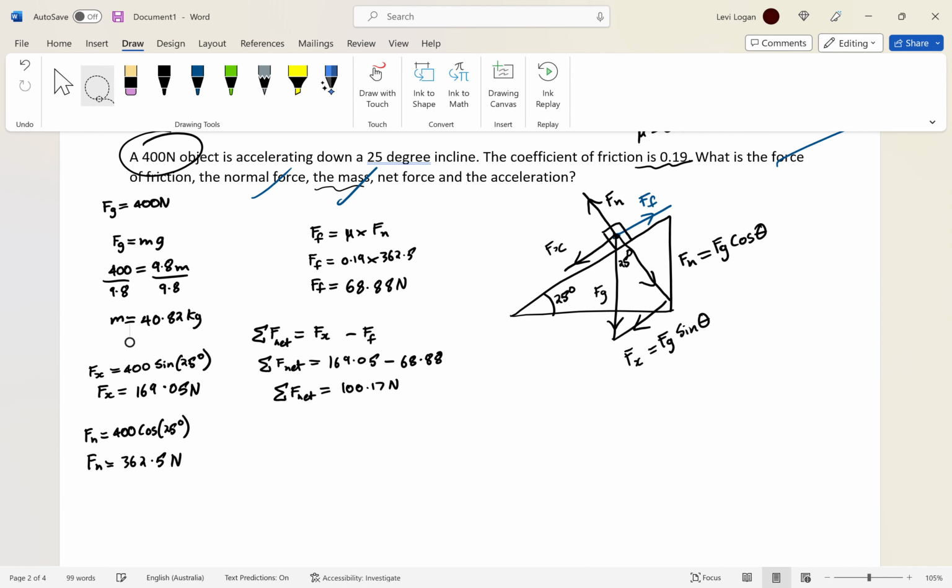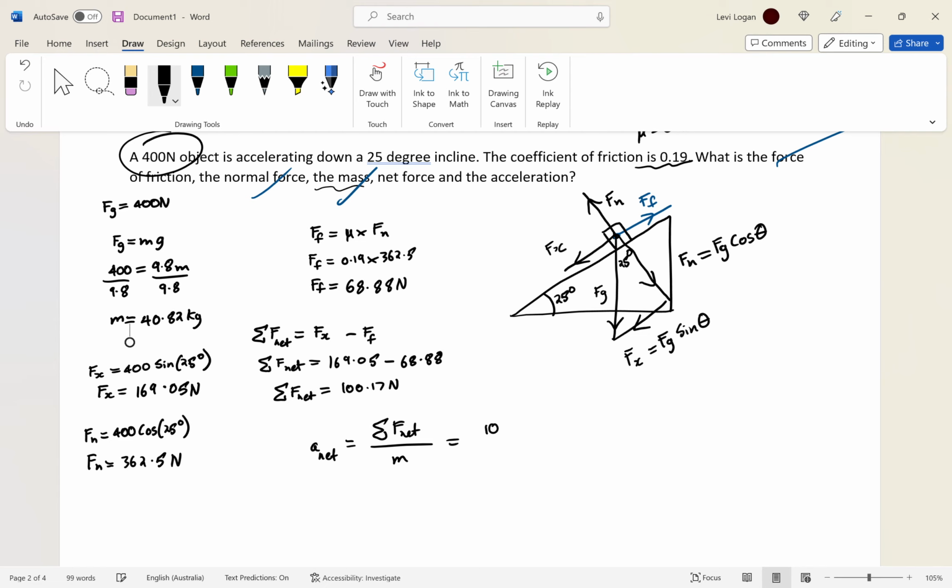Now the reason we needed the net force is because the acceleration of this block down this incline is going to be the net force divided by the mass, because F equals ma, therefore a equals F over m, right? Therefore, if you want the net acceleration, you're going to need the net force. So our net acceleration down the incline is going to be the net force divided by the mass.